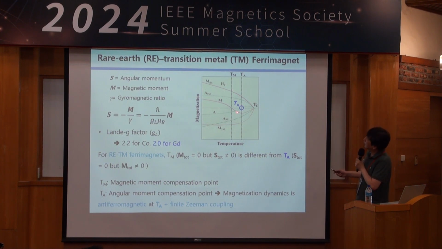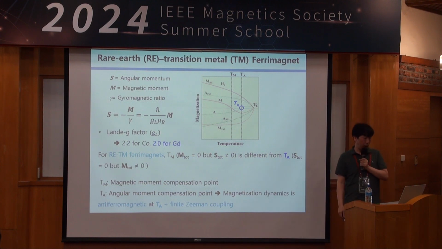As a result, for the net magnetic moment, you have a temperature where the net moment is zero, which is called the magnetic moment compensation point. However, at a different temperature, your net angular momentum is zero, so that is called the angular momentum compensation point. So now you may be curious which point corresponds to the antiferromagnet.